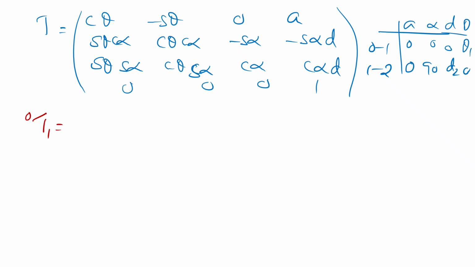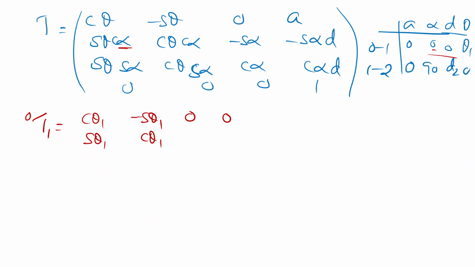In this, C theta: do you have theta? Yes, so it is C theta 1. Next one is S theta, so S theta 1. Then do you have A? In this there is no A, so put 0. Then S theta is there, and cos alpha: what is alpha? 0, so cos alpha is 1. So you have S theta 1 and cos theta 1.